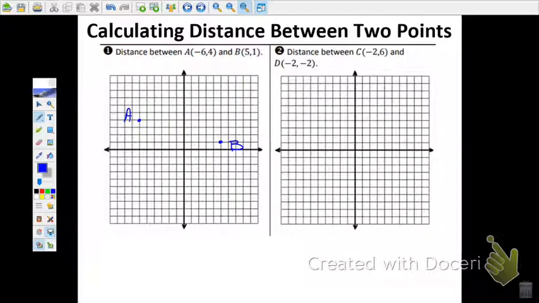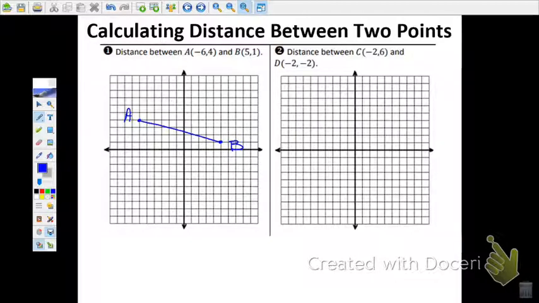So if I'm looking for the distance between those 2 points, I would connect them. So I'm looking for the length of that segment AB. Because my segment is slanted, I can't just count squares because it's not horizontal or vertical.